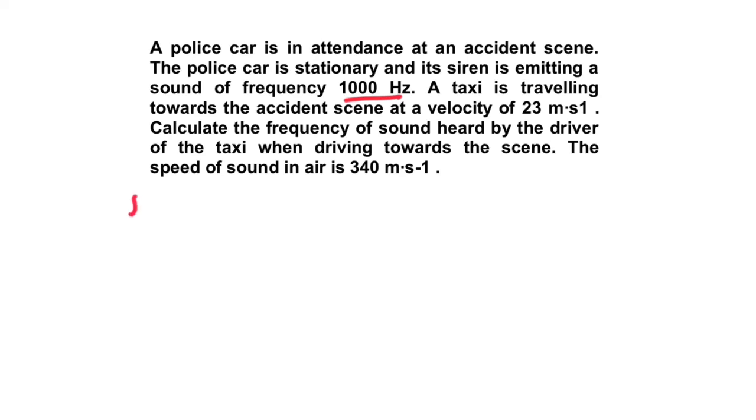Right. Frequency emitted, that is 1000 Hertz. What other information do we have? We have the velocity of the listener, which is moving towards the scene, 23 meters per second. The sound source is stationary, right? Because the police car is in attendance at an accident scene.